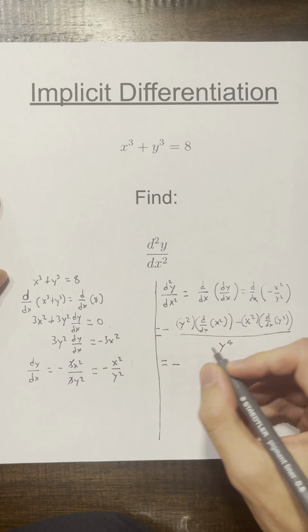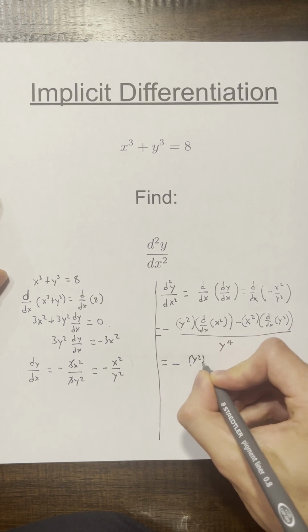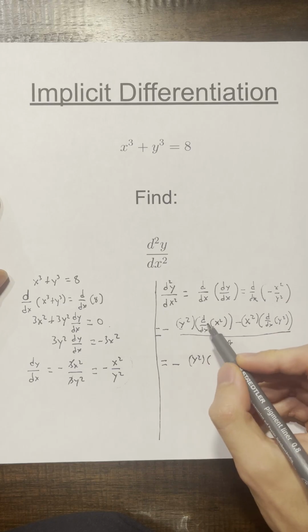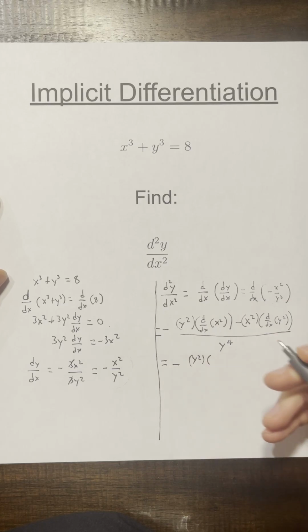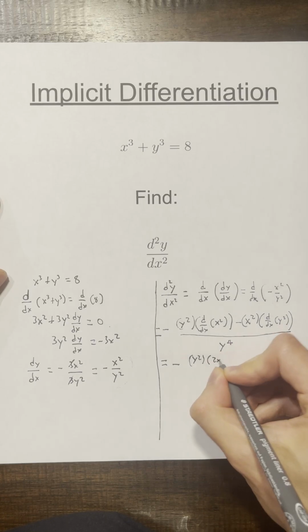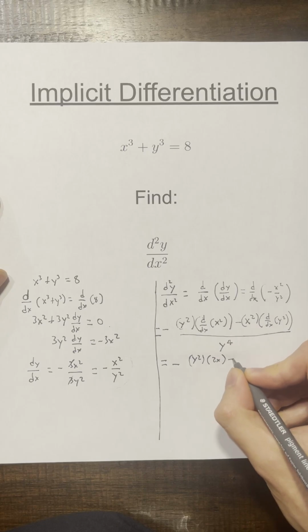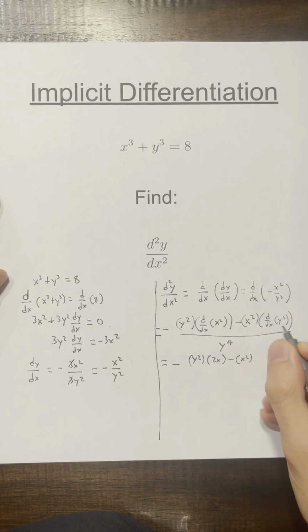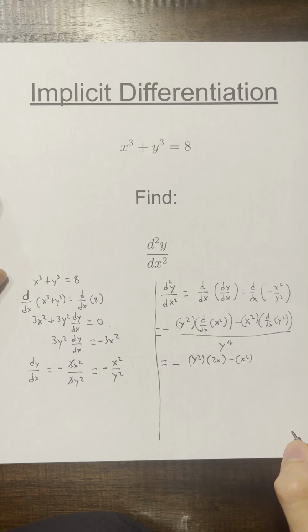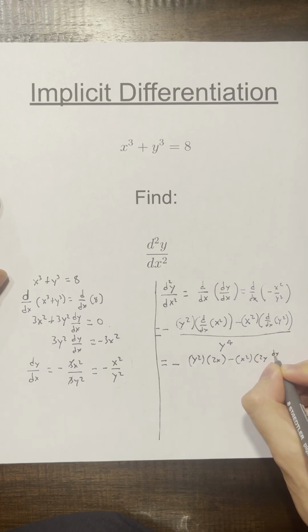So negative, so y squared times, what's d dx of x squared? 2x. And what's d dx of y squared? 2y dy dx.